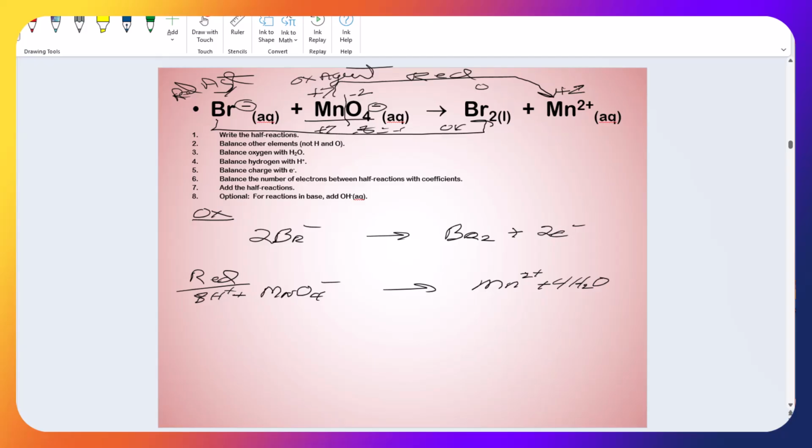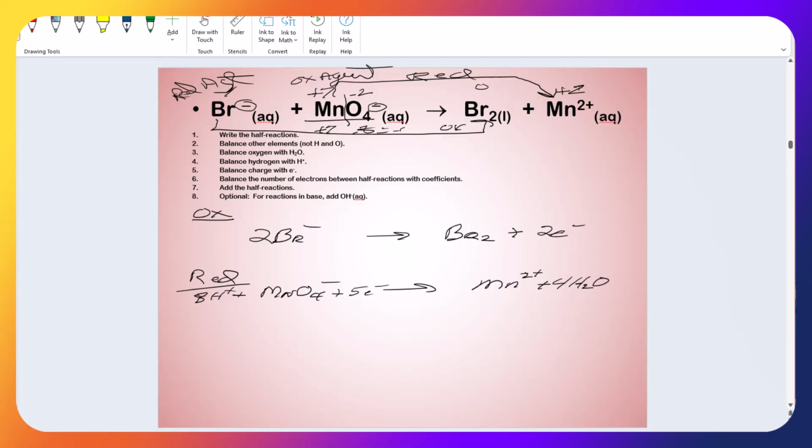In order to get it down to 2 plus, I have to add how many electrons? Looks like 5 electrons. So 5 electrons plus 1 negative charge. That's -6 plus 8 plus, which is +2. Now charge is balanced.